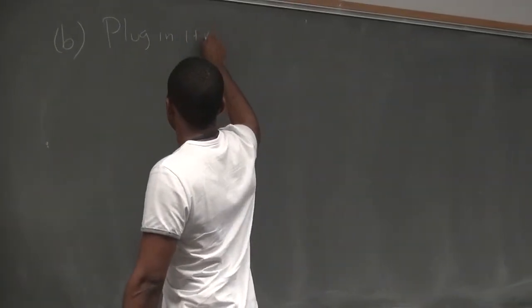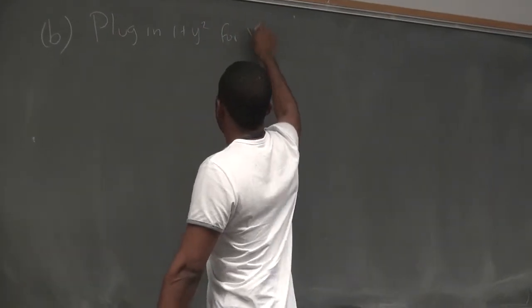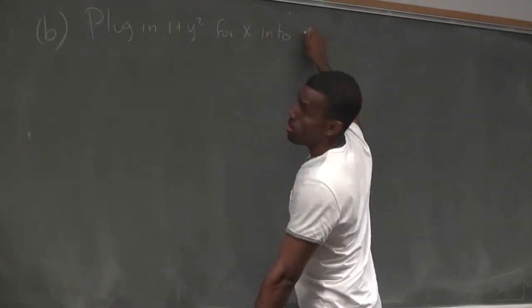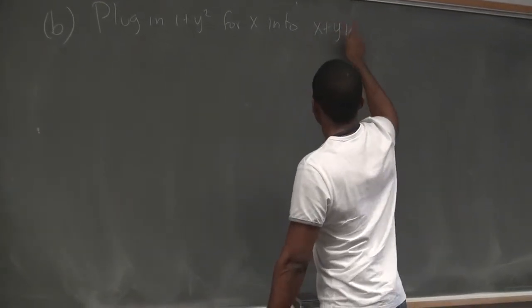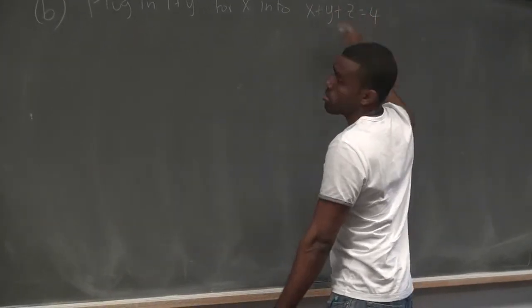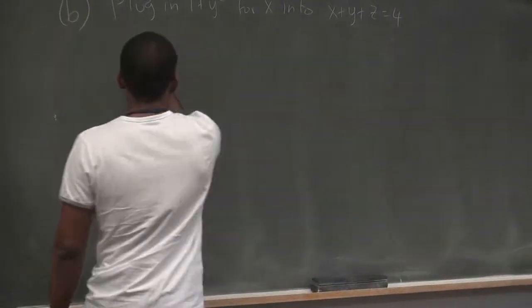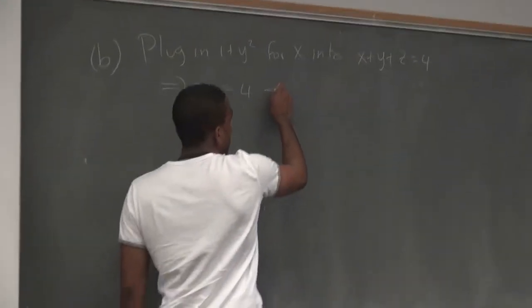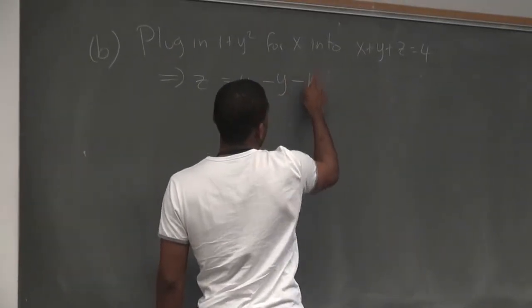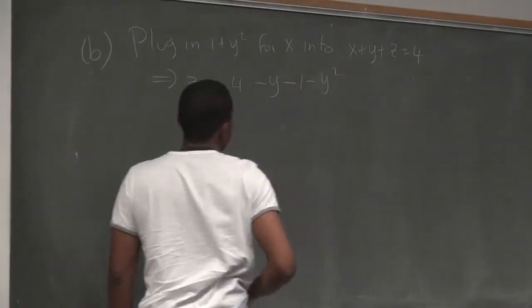So here, plug in 1 plus y squared for x into x plus z. So this would mean that your z is equal to 4 minus y minus 1 minus y squared.